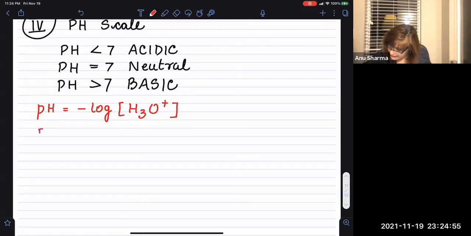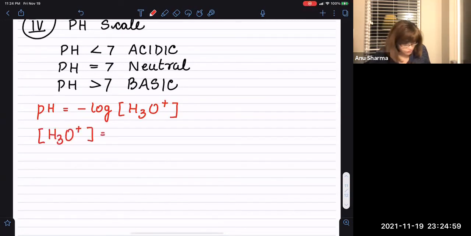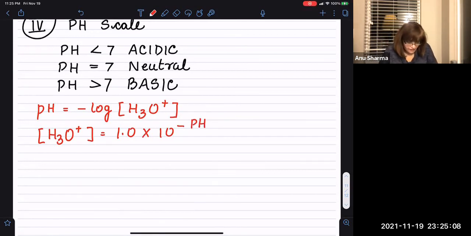Another way of writing it is that the hydronium ion concentration is equal to 1.0 times 10 to the power negative pH. So these are the two formulas.